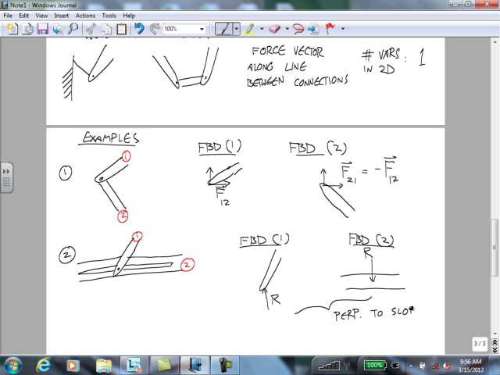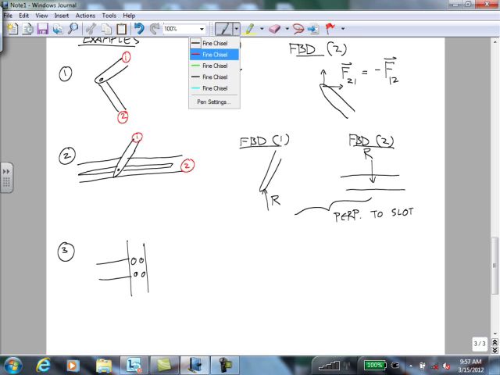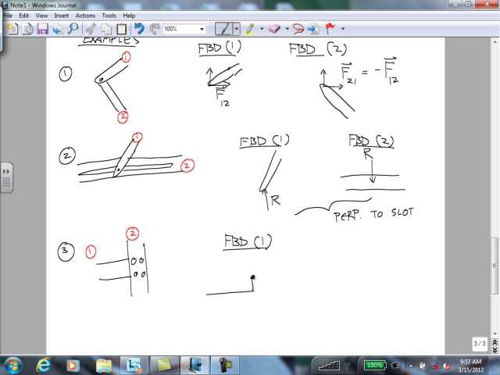And then the fourth type. So say this is member 1, this is member 2. The free body diagram for member 1 is F like that.